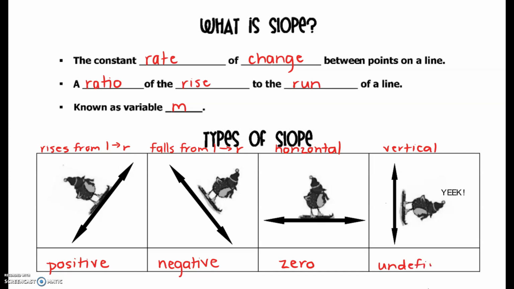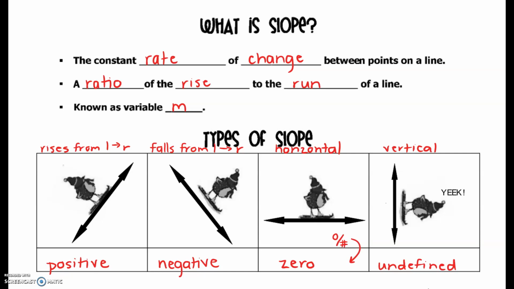Now, the reason that this is, if you think of the slope as a rise over run ratio, you will notice that a horizontal line has 0 rise, but it does have run. It goes on and on from left to right. So 0 divided by any number would equal 0.